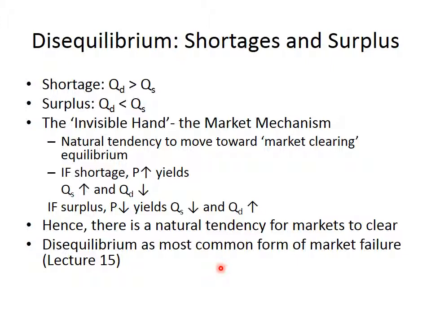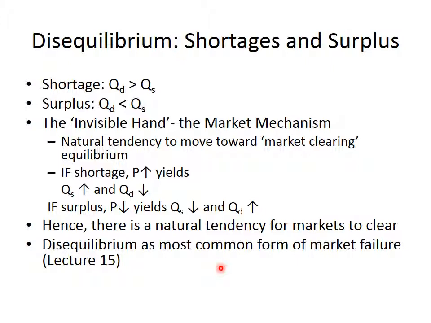Now, we'll deal at length in a later lecture on the idea of market failure. I can't remember off the top of my head. I think it's the last lecture that we do this half-semester, is on what's referred to as market failure. The basic run-of-the-mill, garden variety, most common form of market failure is a failure for markets to clear.